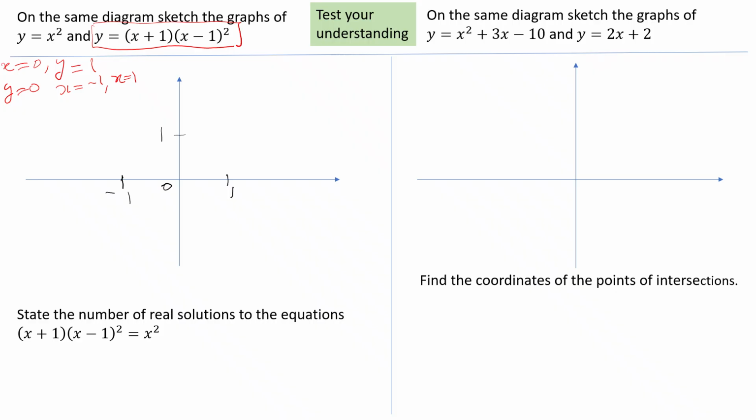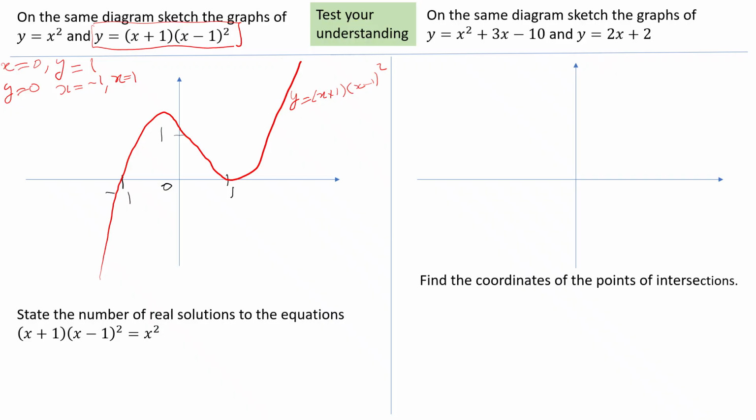Then x equals 1 is the repeated root, so it touches the x-axis. The graph starts from here. Let's label this one: y equals x plus 1 times x minus 1 squared.